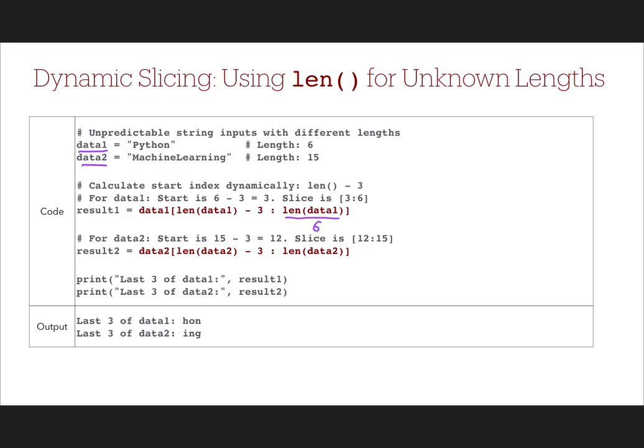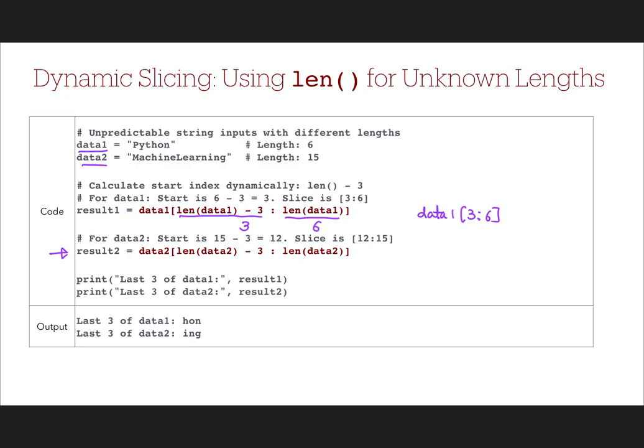If I subtract 3 from that length, then this expression will be replaced by 3. In that case, I'm accessing the last 3 letters in data 1. So instead of hard coding these numbers, instead of 3 to 6, an expression using the length function is safer, because I can reuse that expression with data 2 as well.